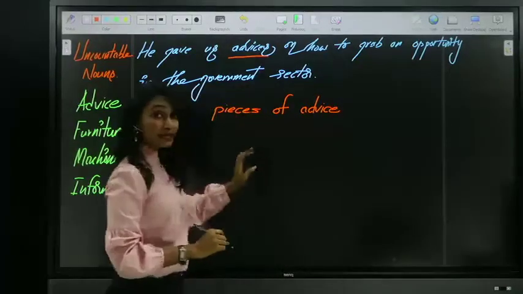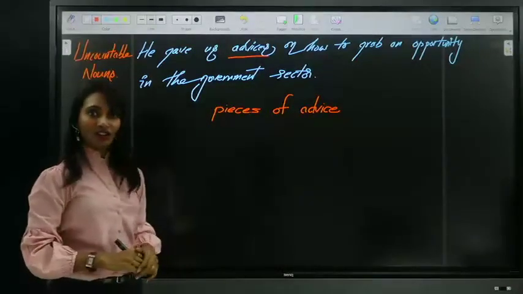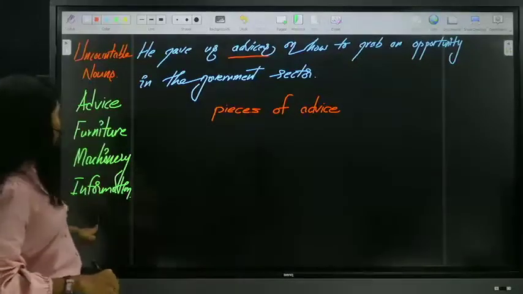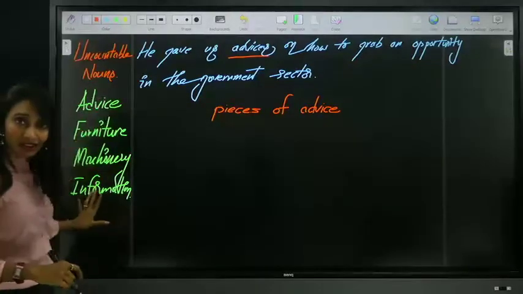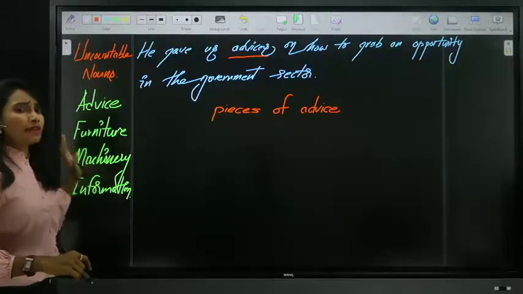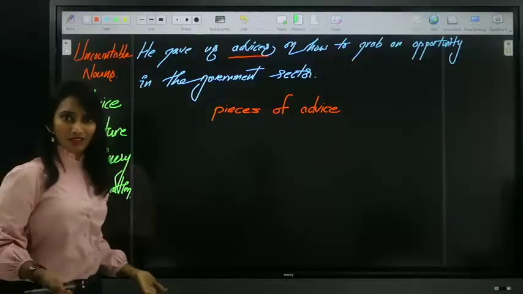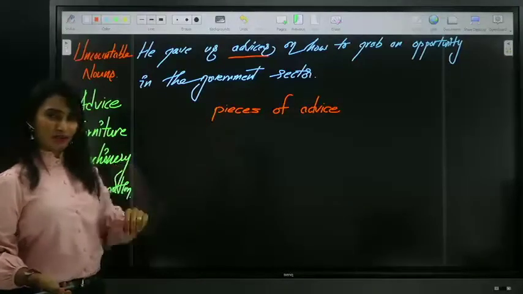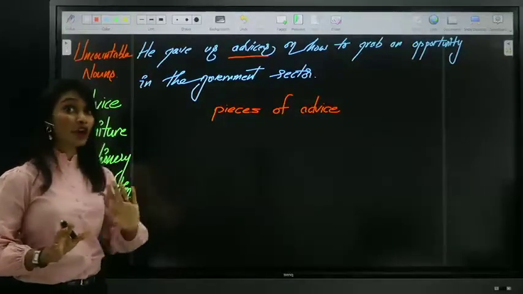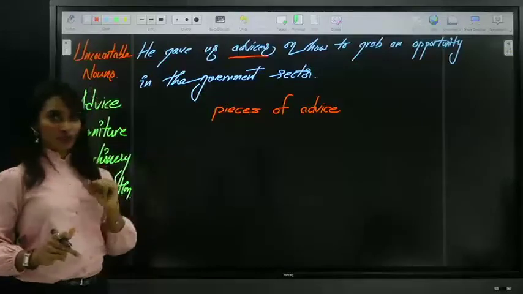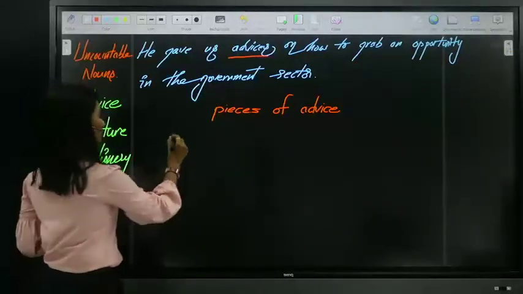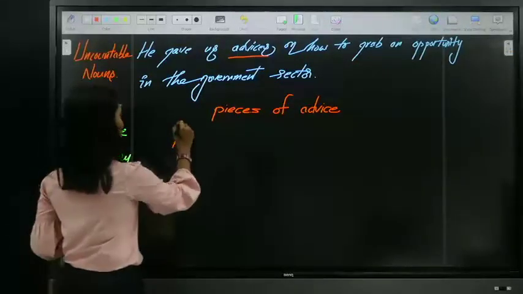It should be pieces of advice, not advices, because it is uncountable. We cannot add s for these uncountable nouns. However, we can say a piece of advice, two pieces of advice, some pieces of advice. That is okay, but not advices. Do remember, because advice is an uncountable noun.